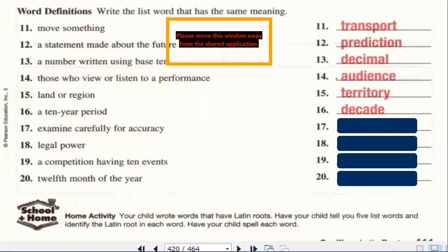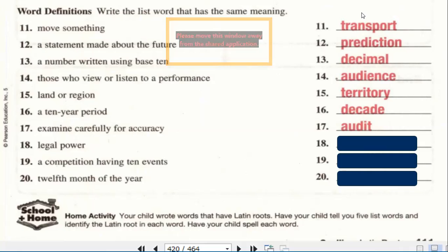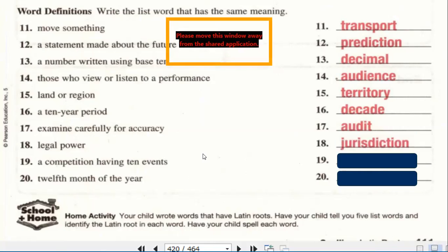Examine or check. Audit. Abdullah Muhammad. Legal power. Jurisdiction. Yes.